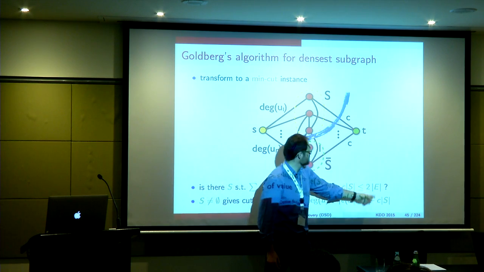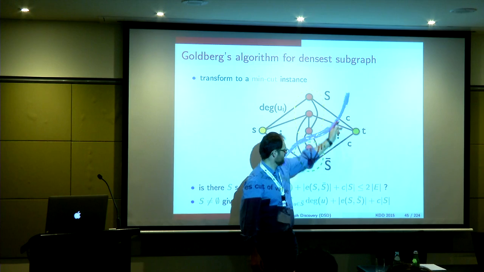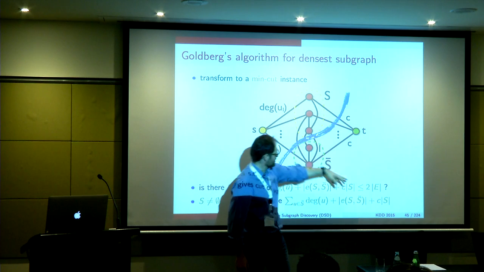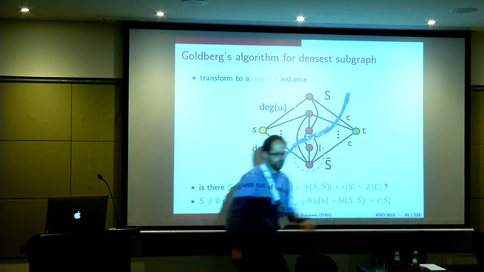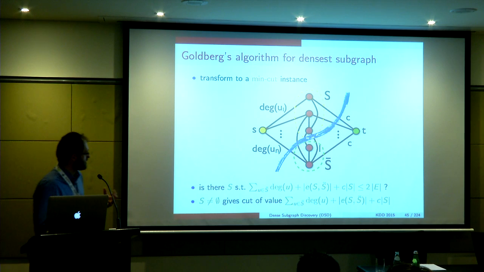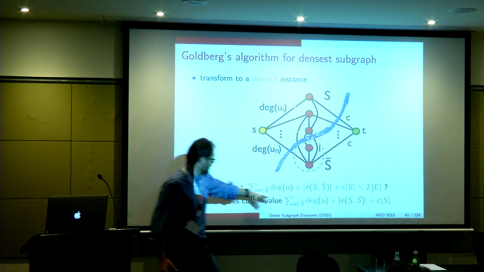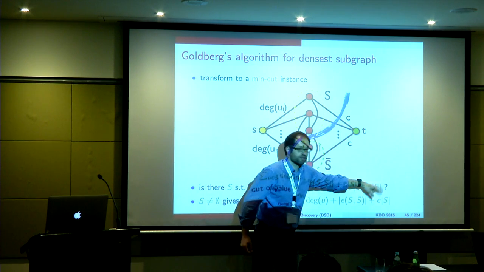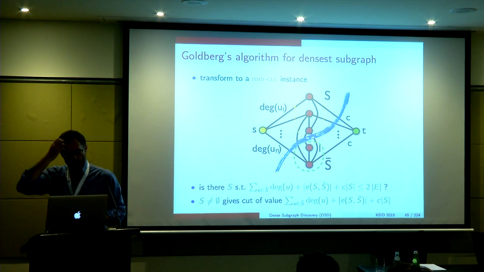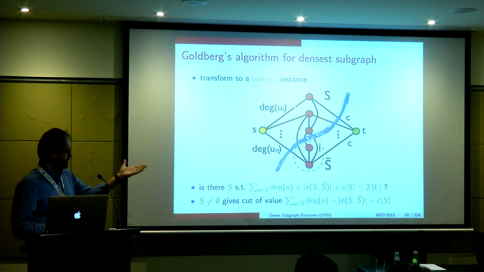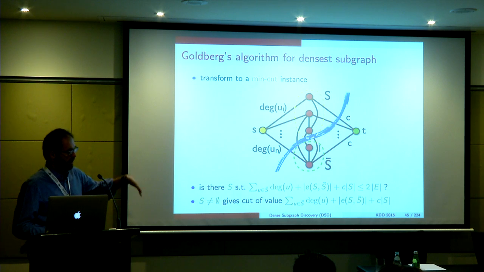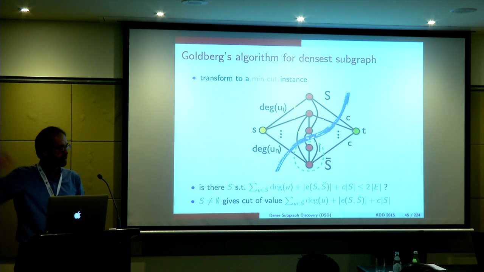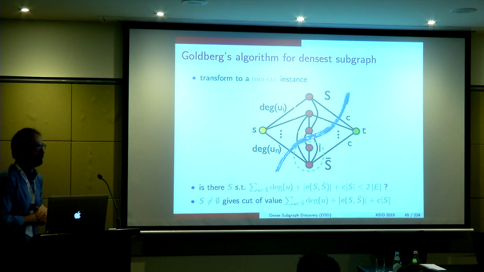And the edges that I cut from that part are this term, because the number is S, and each one of them has capacity C. So if I'm able to find such a cut, it means that this question has answer yes. There is a cut whose value, which is this term, is smaller than this trivial cut that I showed you before. Since I can solve this question with a min cut, and since this question is equivalent to finding this dense subgraph, then it means that the dense subgraph problem is polynomial.